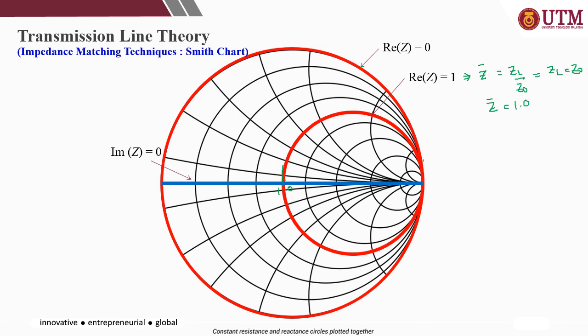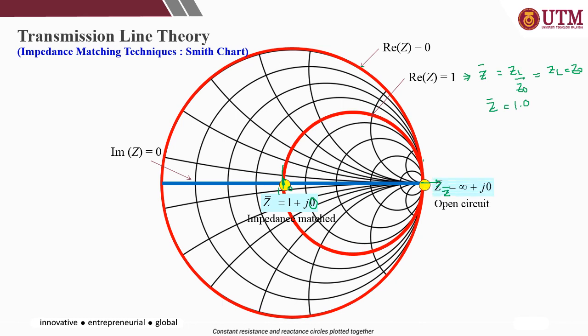So from 1.0, you have a line crossing at 1.0. As I mentioned, it is a matched system, when ZL equals Z0. Again, the value represented at this point is the normalized impedance. At this point there are no imaginary values, jX equals 0.